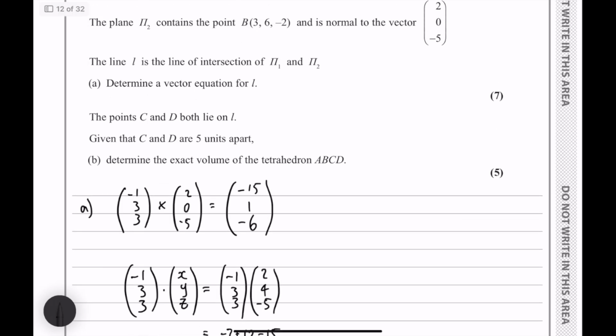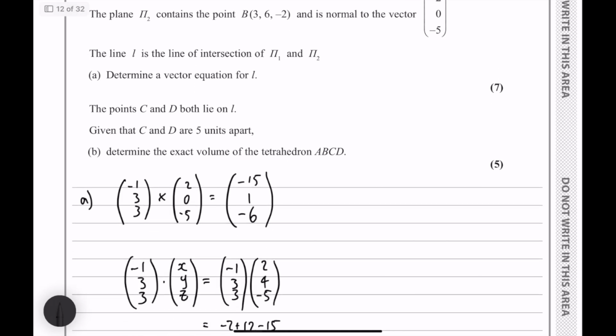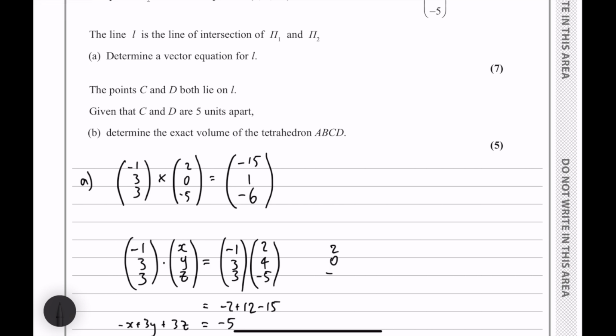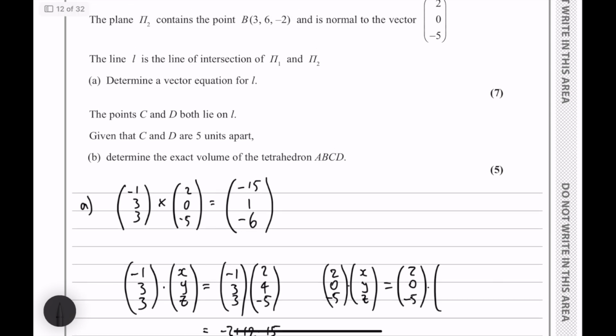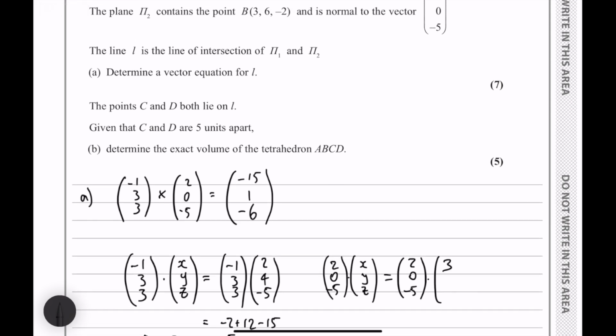Now if I do that for the other plane, 2, 0, minus 5 dot x, y, z, and the point 3, 6, minus 2.